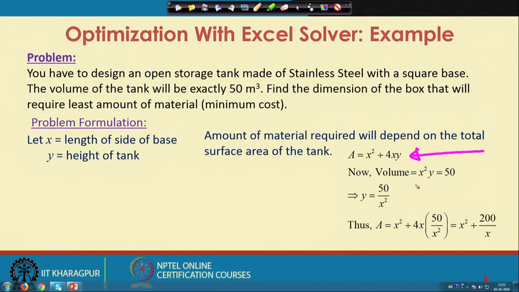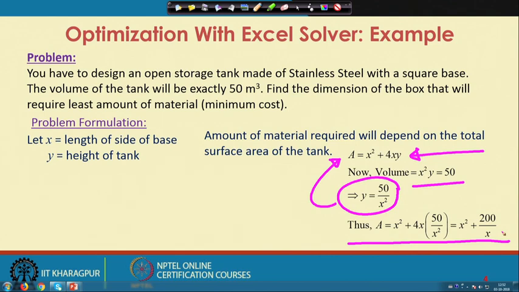So, x square y is 50, and that allows us to express y in terms of x. So, y equal to 50 by x square. By putting this into expression of A, I get an expression of A as a function of x alone, and A equal to x square plus 200 by x is that relationship. So, this is my objective function. I have to minimize A equal to x square plus 200 by x.